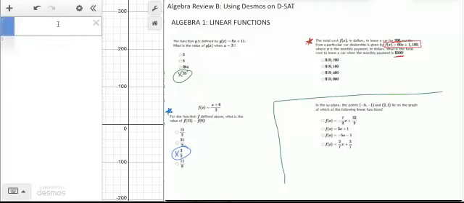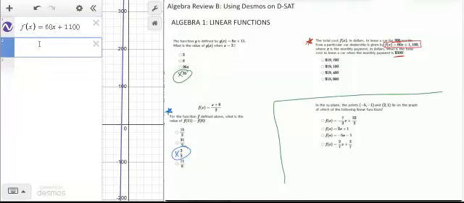So if you understand that that's what the question is asking, we can take the function as it's given, 60x plus 1100, and we can evaluate it when x is 300. And notice when we plug that 300 into our function notation, it gives us our answer of 19,100. And that would be our solution.